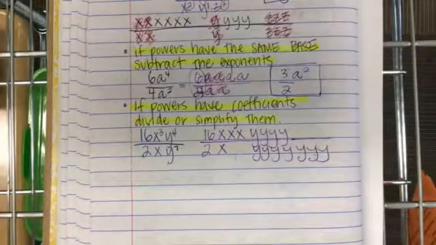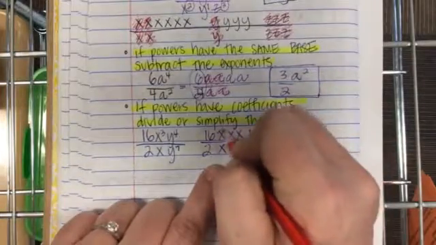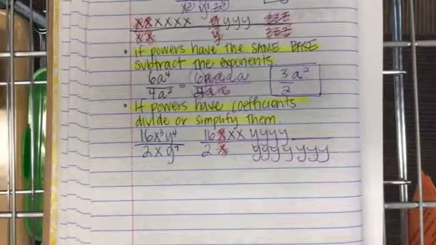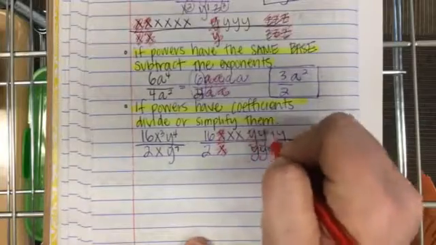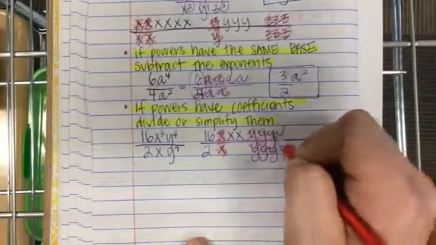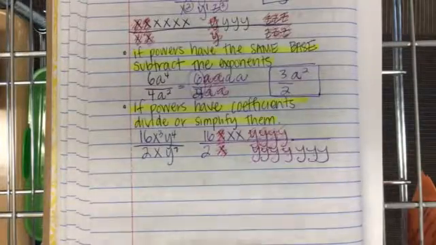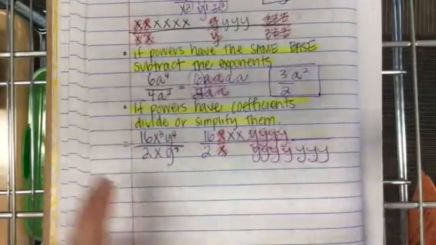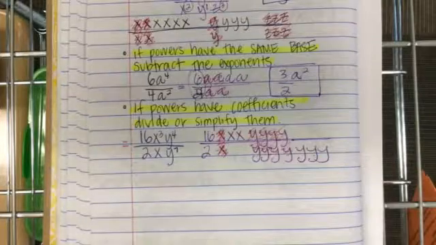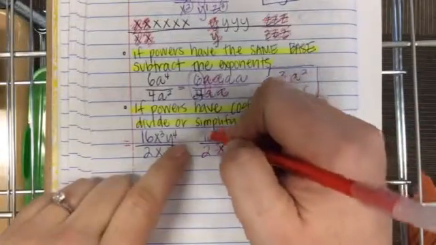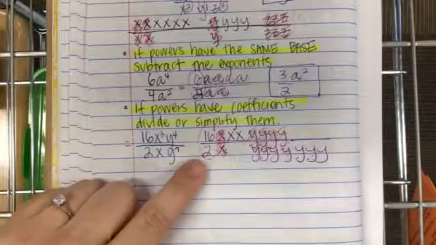Now let's cancel. So let's see. X's cancel out, right? What else cancels out? 4 Y's. Some Y's cancel out. 1, 2, 3, 4. I'm going to put my answer over here because I shifted a little bit. Okay, so what does that mean? It means 16 divided by 2 is 8.